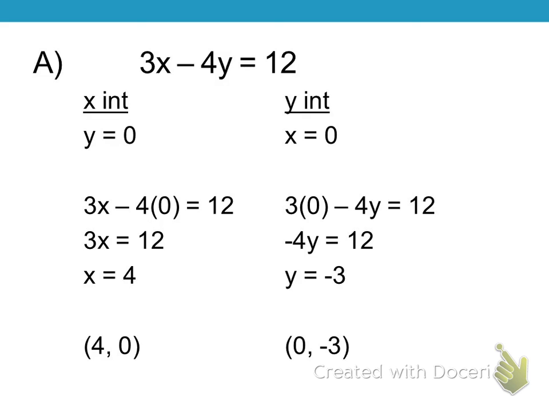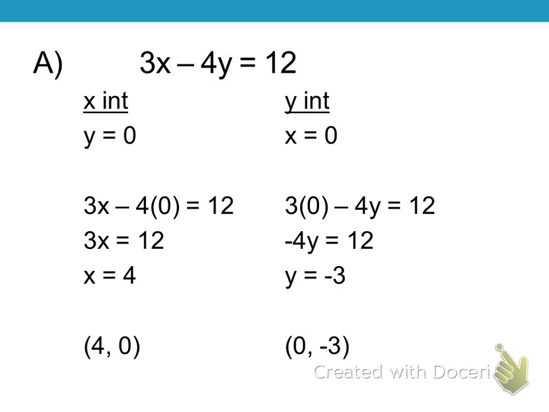Now, when we graph using y equals mx plus b, or when we graph using a table, I tell you guys to find 3 points. This is the exception. When you are graphing with intercepts, you only need the 2 points. They're typically a little farther apart than the other ones when we do the 3 points. That's why this still works out to be a pretty good graph, but it has fewer points than the other ones.